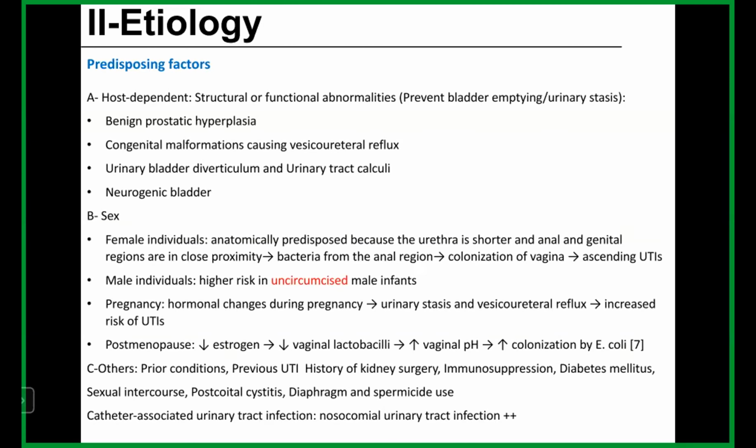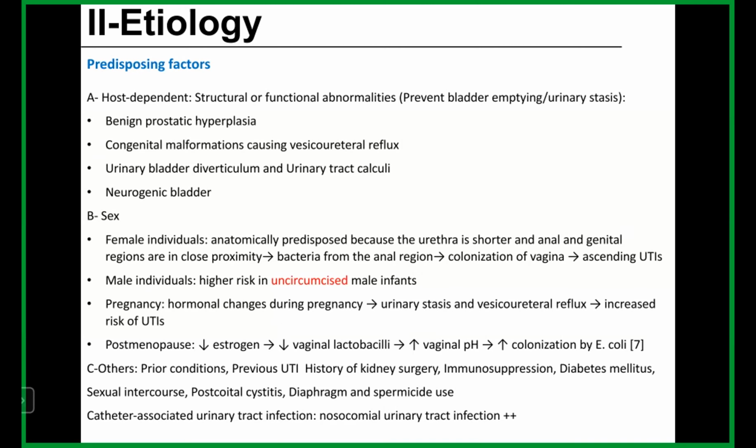The sex also plays an important role. Female individuals, as I said at the beginning of this topic, have a high risk of infection. And male individuals have a high risk of infection, especially uncircumcised male infants. In Farsi they say sunat. For people who are not circumcised, if they get an infection, it will be complicated, and they also have a high risk of infection.